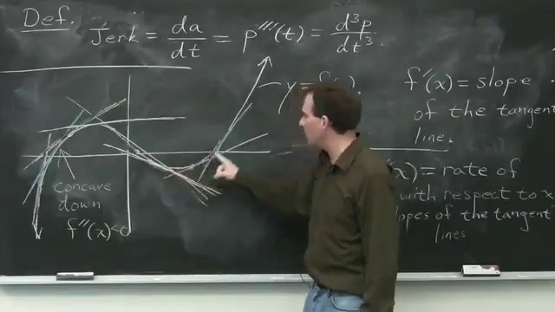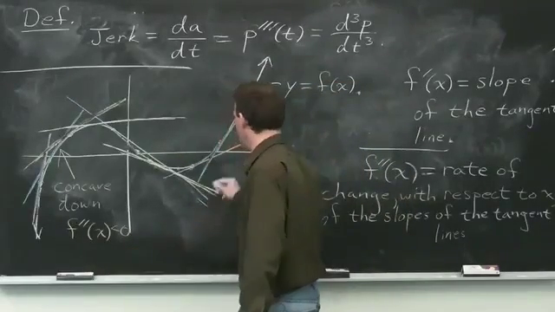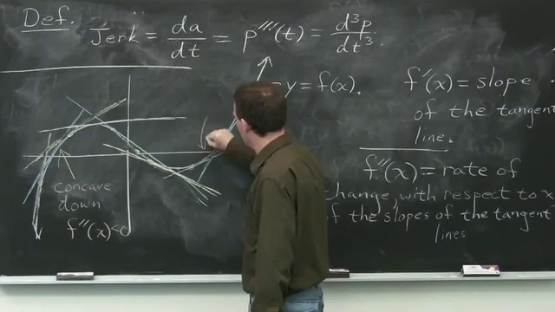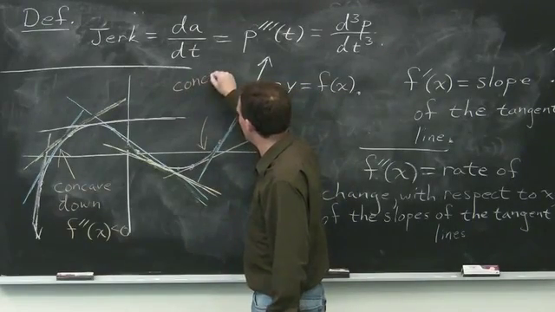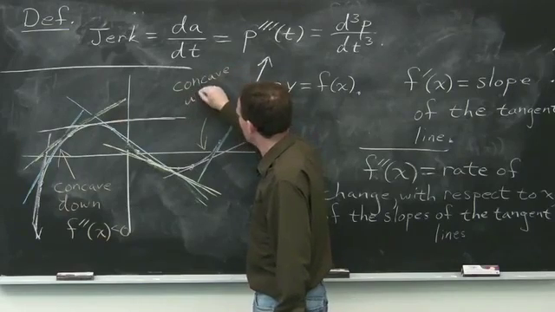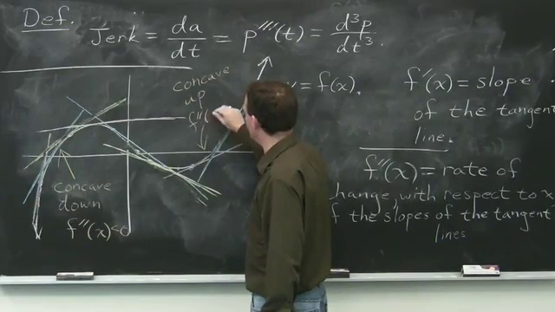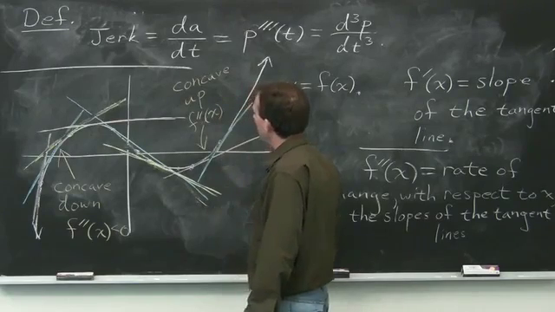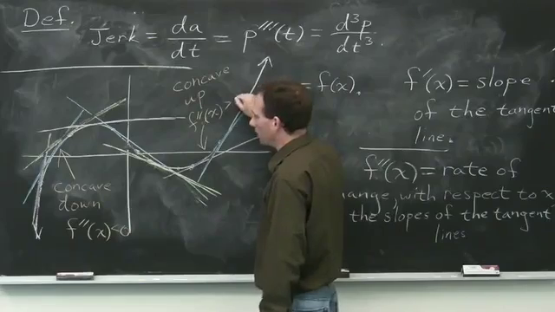Over here, this became concave up. And that's a sign that the second derivative is positive. Again, we will do this in detail later in the book. Concave up, f double prime should be greater than 0.